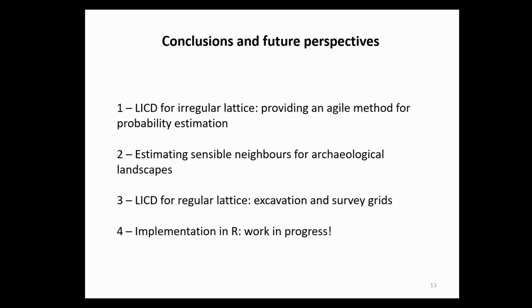The third aspect is that the next step for me is to apply it to archaeological regular grids, which is much more straightforward. That's why I didn't explore it here. But archaeological grids are very common in excavation, for intra-site excavation and for landscape surveys. So it might be really useful there as well.